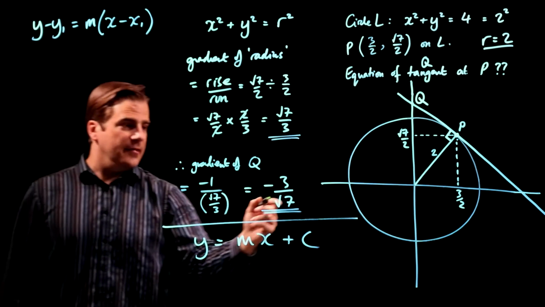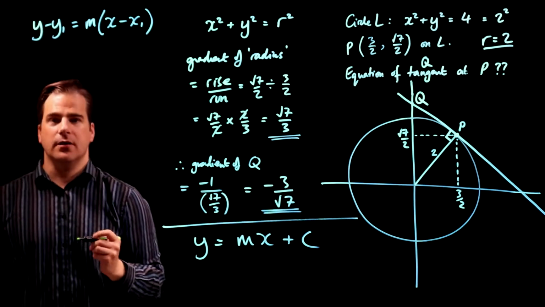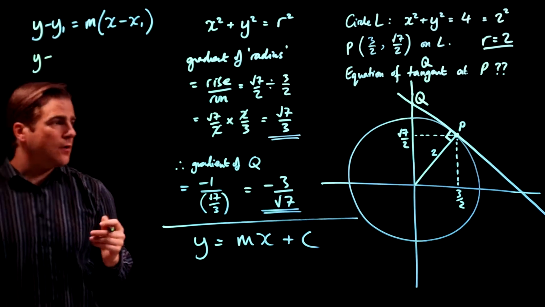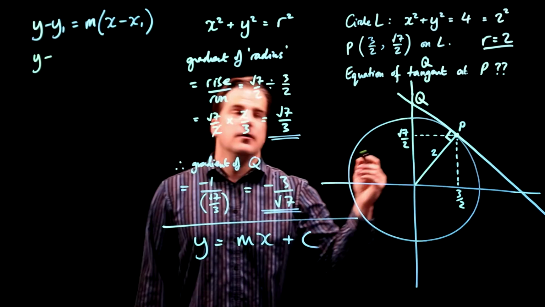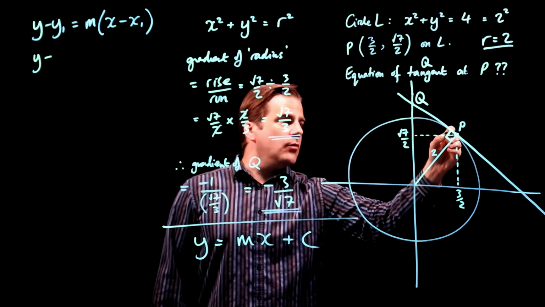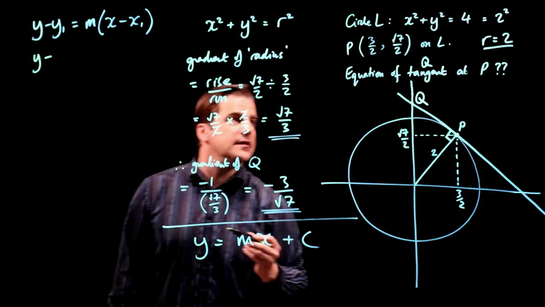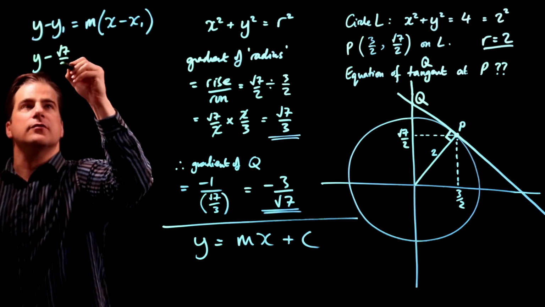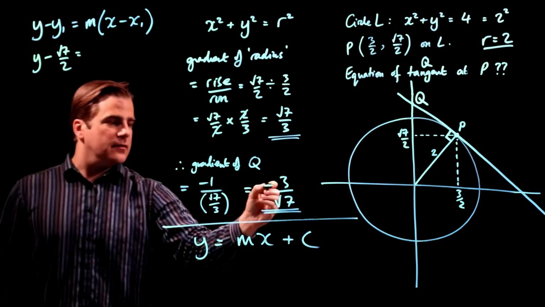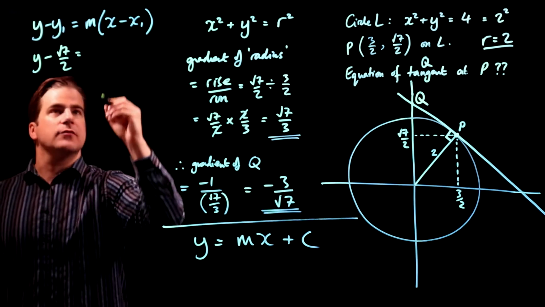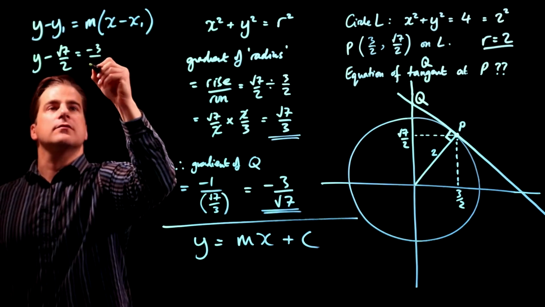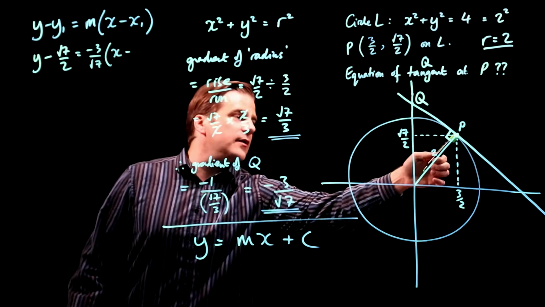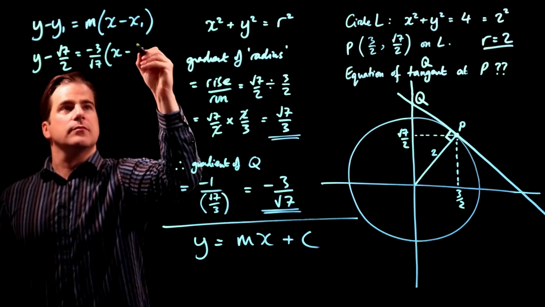We've already worked out m. So let's put in the numbers. y minus y1, which is the y-coordinate of the point P, root 7 over 2, equals the gradient, minus 3 over root 7, times x minus the x-coordinate of our point, 3 over 2.